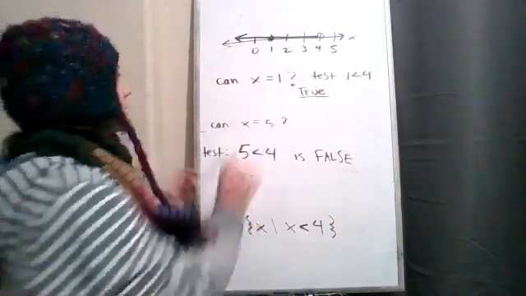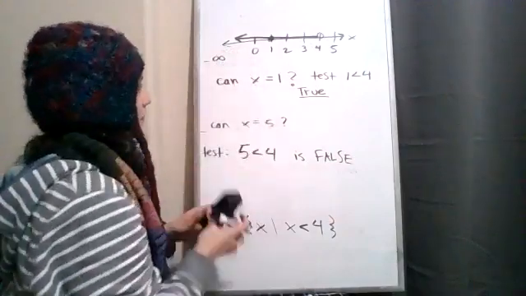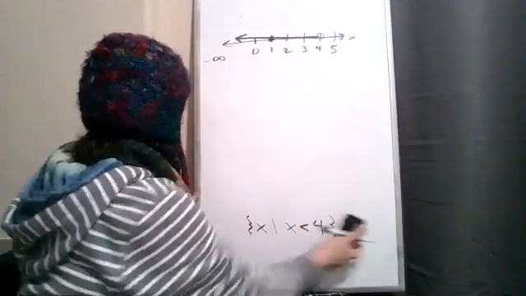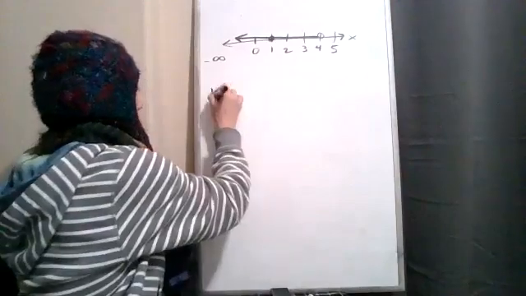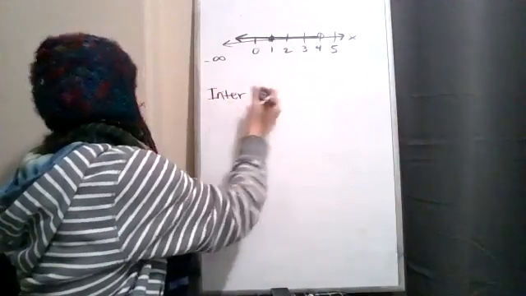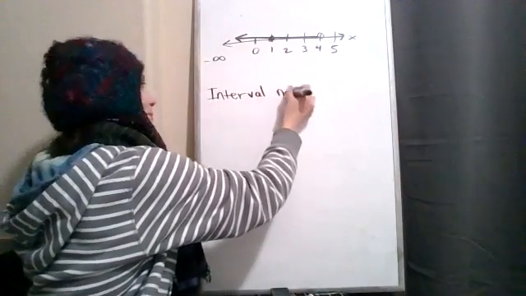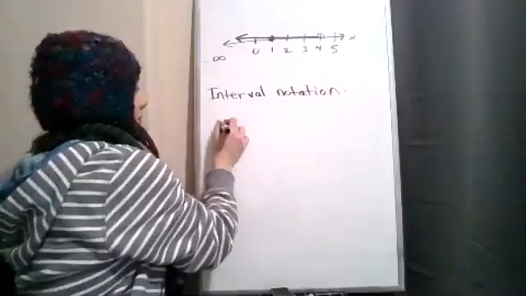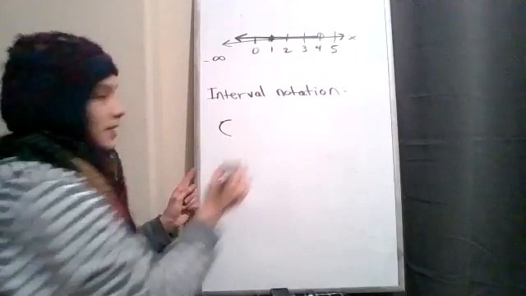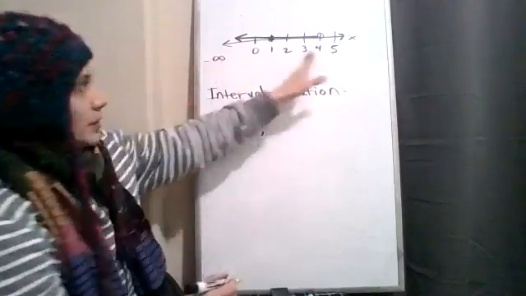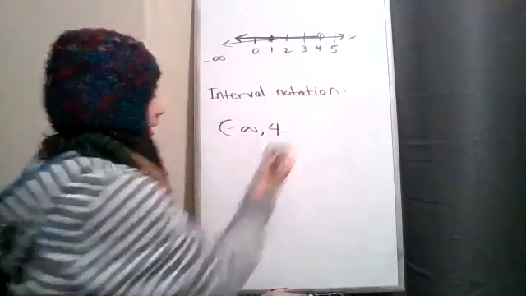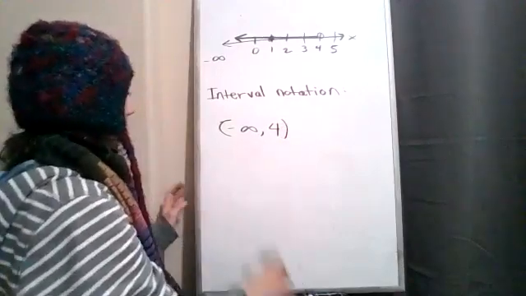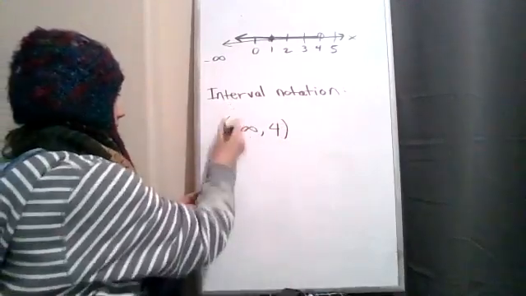Don't include 4. Negative infinity has parentheses. Go up to 4. And with the strict inequalities, you use a parenthesis. And that's the set.